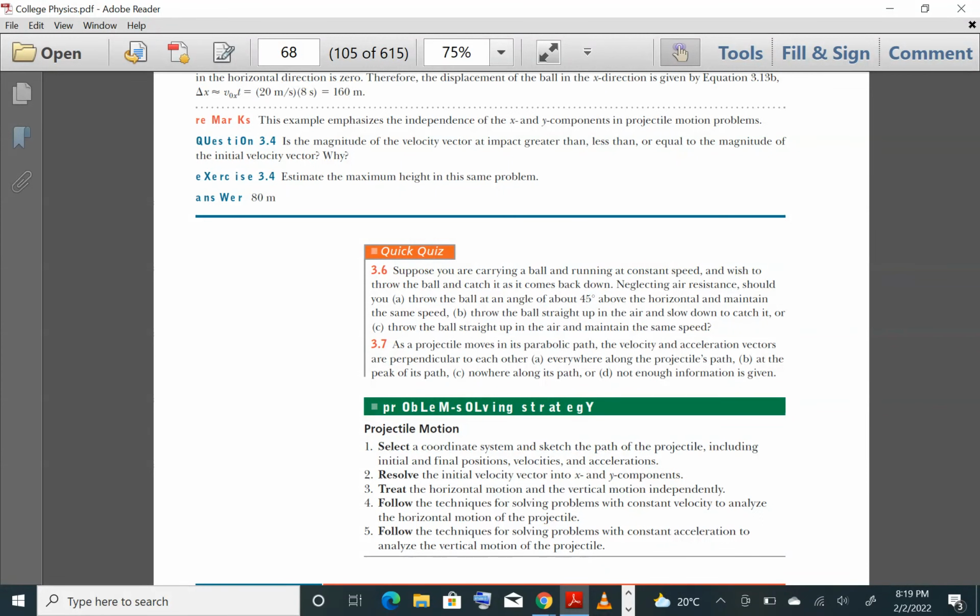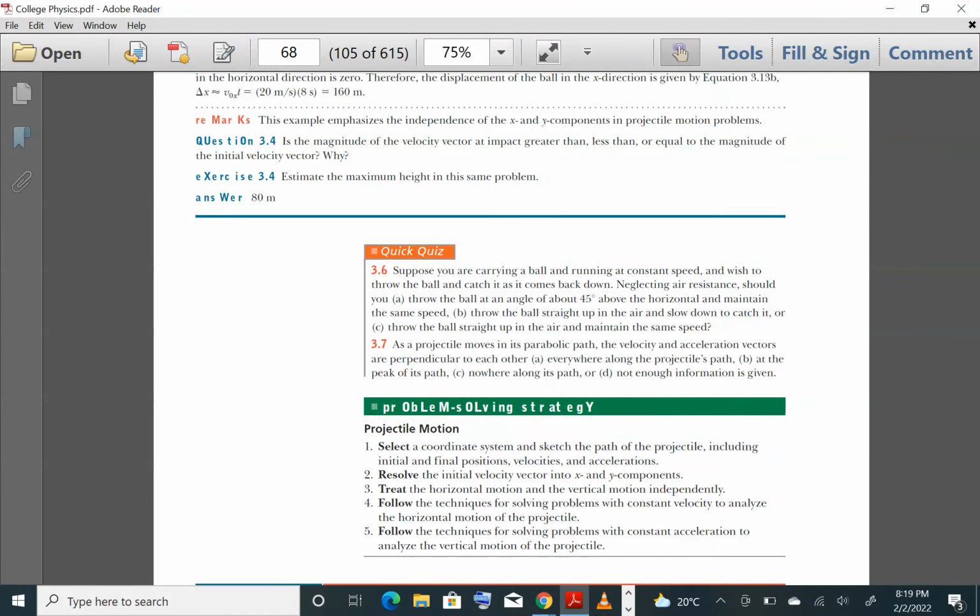So you say, oh, the initial velocity in the x axis is going to be this and that, whereas the initial velocity in the vertical is going to be this and that. And then once you get all those values, all those principles, and you put them together, then you should be in good shape.